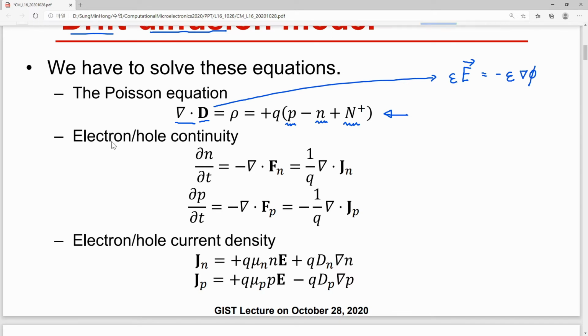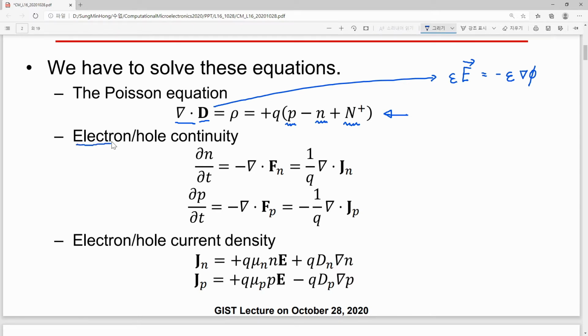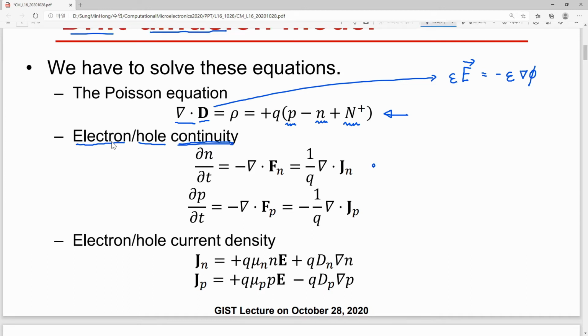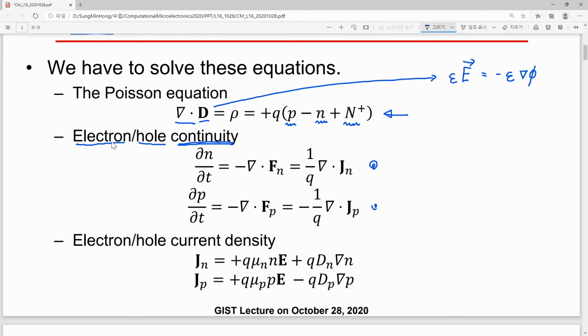For that purpose, we have to solve the electron continuity and hole continuity equations. This one shows the electron continuity equation, and this one shows the hole continuity equation.